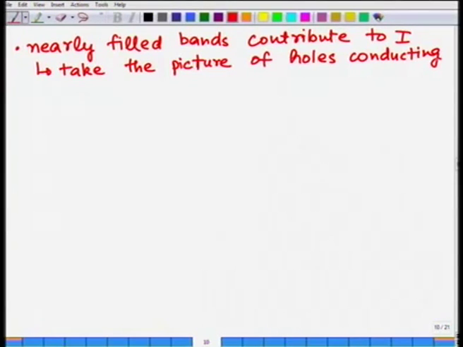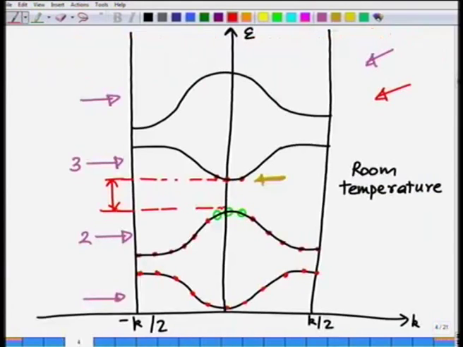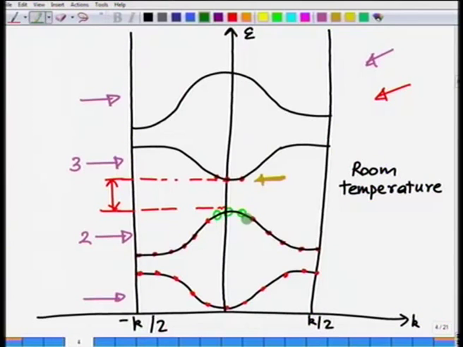This way you will have to carry out summation over only fewer particles. The point being that whenever you see curvatures of this type, concave downwards, it is worthwhile to think of holes conducting rather than electrons conducting. Wherever curvatures are concave upwards, it is worthwhile taking the picture of electrons conducting, because electrons will be sitting at the bottom of the band and only few of them are there.